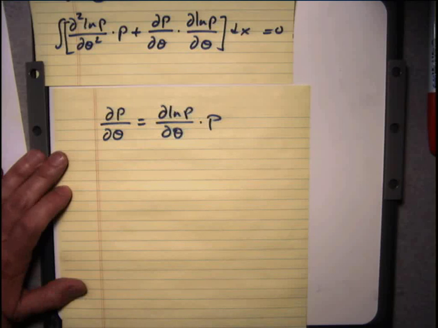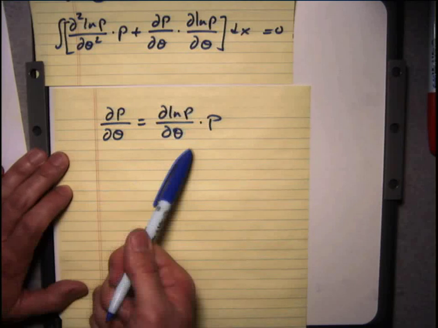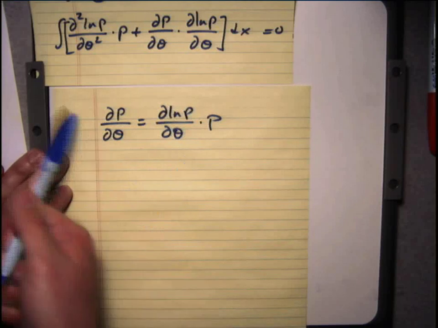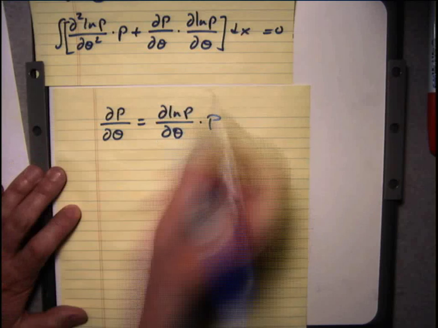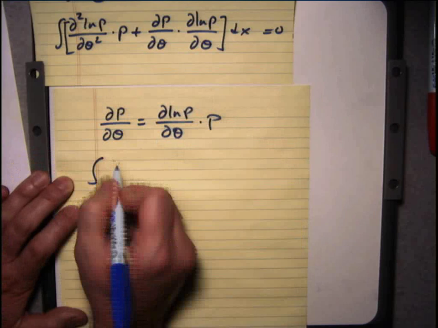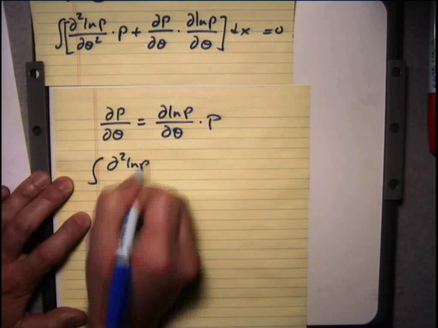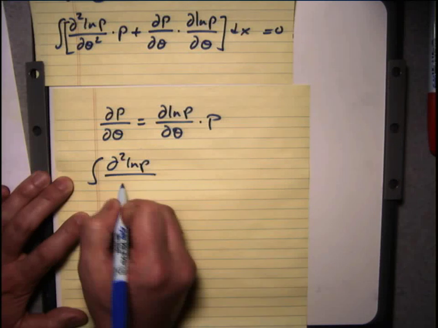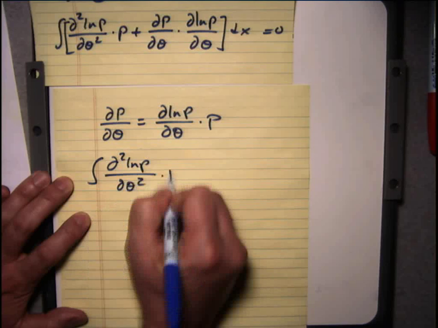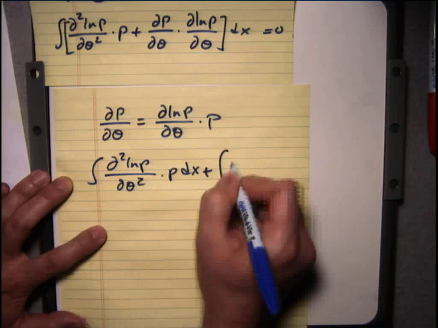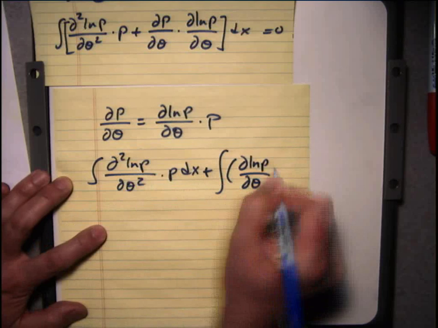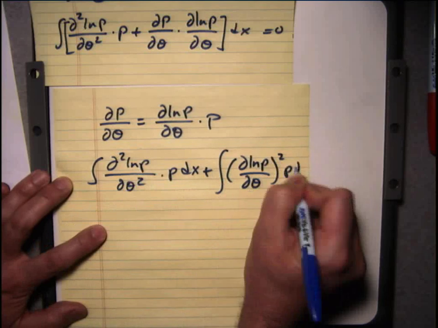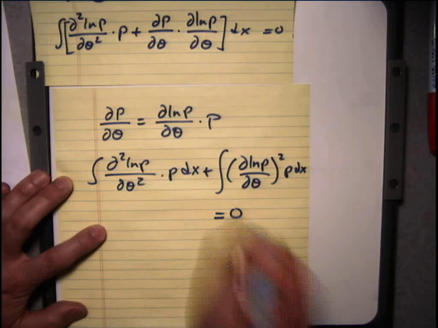Because the derivative of the log would be just this times 1 over p, so I just move the p to the other side. So then this whole thing becomes the integral of the second derivative of the log likelihood times p dx plus the integral of the square of d log p d theta times p dx. And this thing is equal to 0.